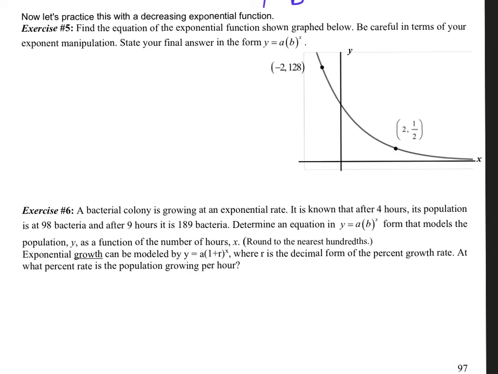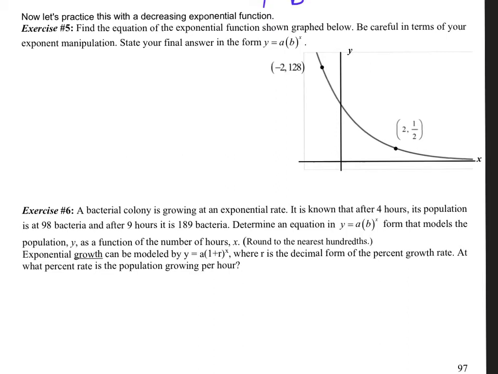Exercise 5 says, find the equation of the exponential function shown in the graph below. Be careful in terms of your exponent manipulation. State your final answer in the form y equals ab to the x. All right, it's a decay, it's decreasing, but everything that you do is the same.